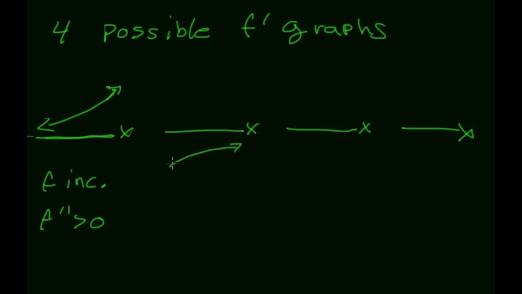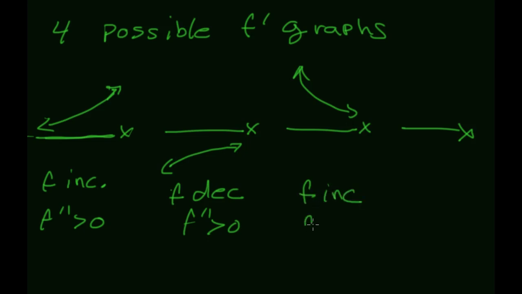This one is increasing and negative. In this case, because f prime is negative, f is decreasing, but because it's increasing, f double prime has to be positive. In this case, I could be decreasing and positive, but because I'm positive, f has to be increasing, and f double prime has to be less than 0, negative, because the derivative is decreasing.